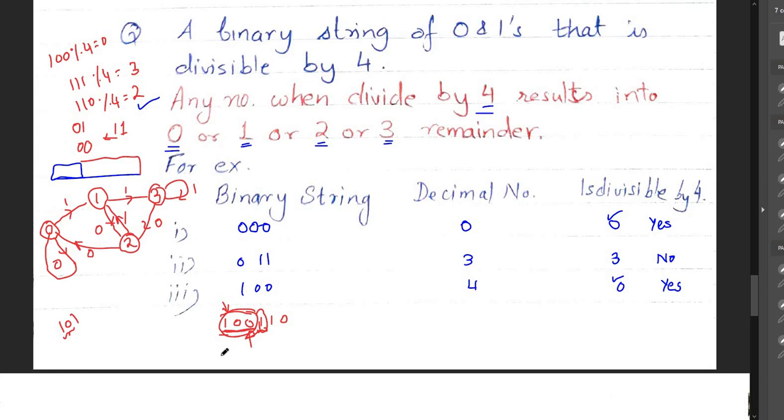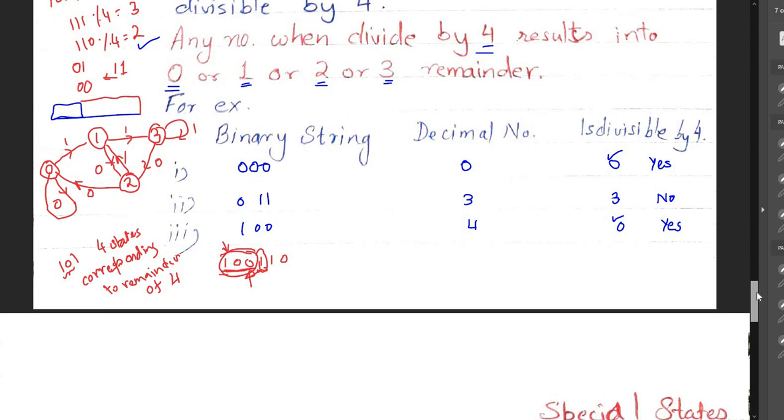So definitely I do not have any problem discussing this entire thing with the 4 states, corresponding to the remainder of 4. So that's what we can see. That is how we can build up a finite automaton related to divisibility by 4.